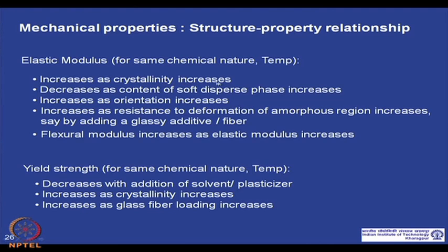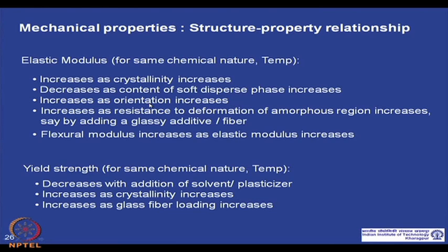As we have seen earlier, for a particular semi-crystalline polymer, if we want to increase the elastic modulus at a particular temperature, you increase the crystallinity. Or if it is not a homopolymer, it is a blend of different phases. There could be two, one a soft or rubbery phase and a hard or elastic phase. Basically, with increase in the hard phase, the modulus increases.